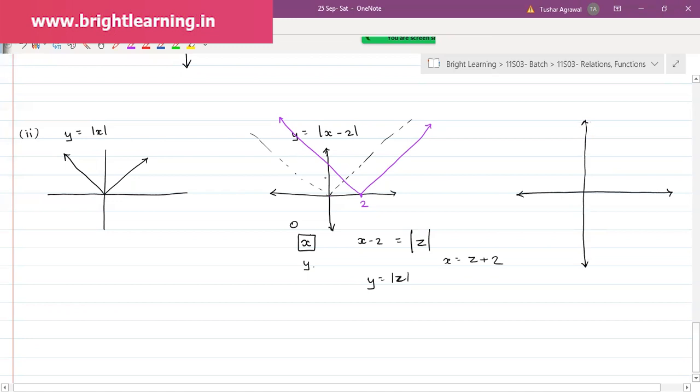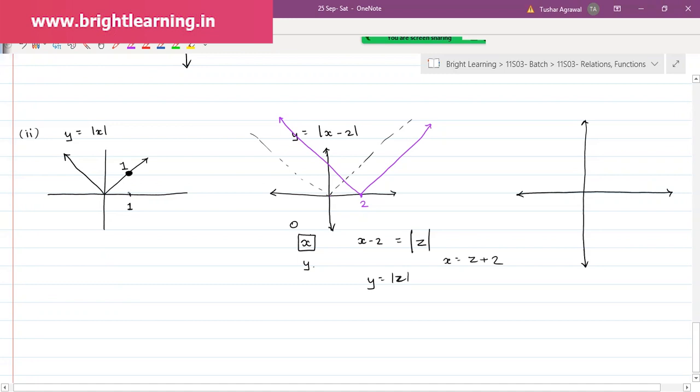Yes, sir. I will just give you a comparatively better explanation. Sir, if x is equal to 1, the image was 1. Now, in order to obtain the image as 1, inside the modulus, whatever complicated expression is there, that value should be 1.